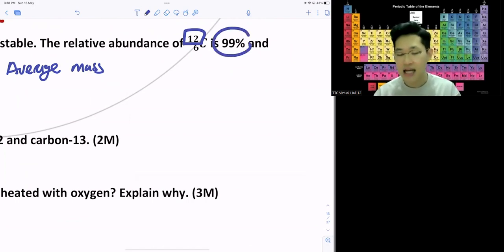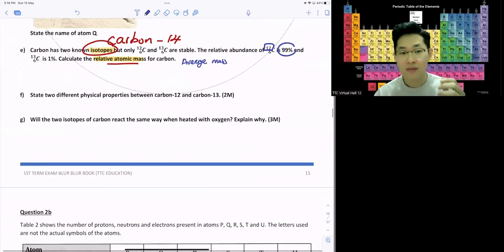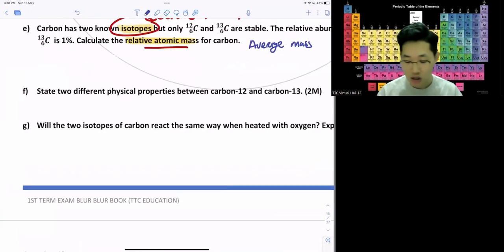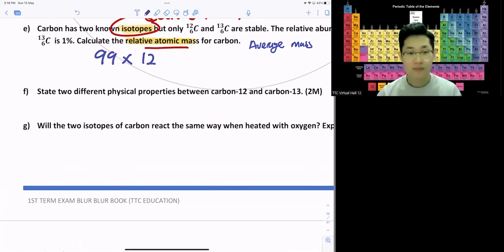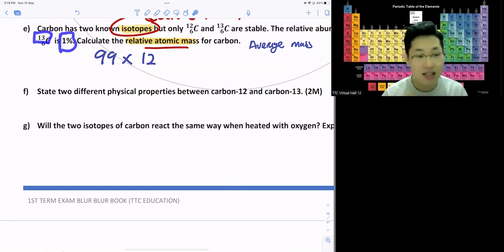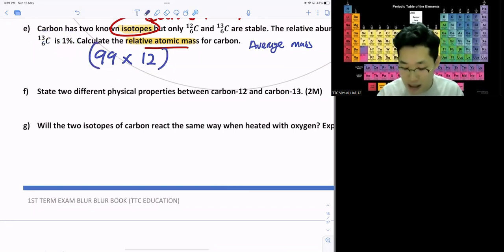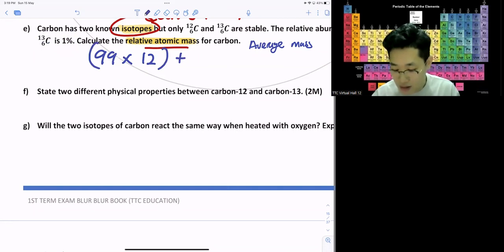So they're telling you that there is 99% of carbon 12. So what do I do? 99 times 12. So 99% of them, imagine it has 100 atoms. 99 atoms has a mass of 12. And then 1% is 13. Plus all the mass together: 1 times 13.